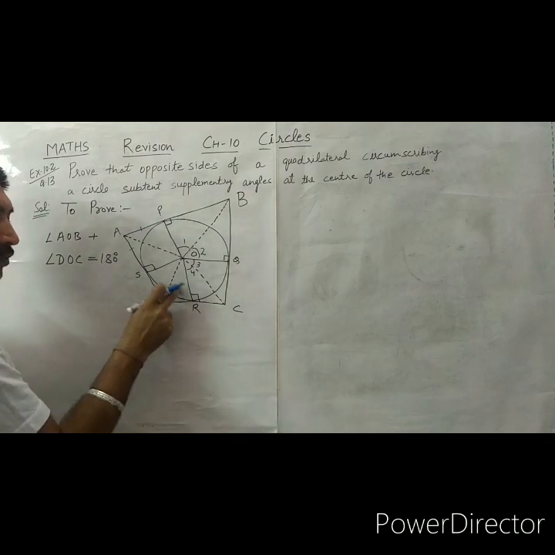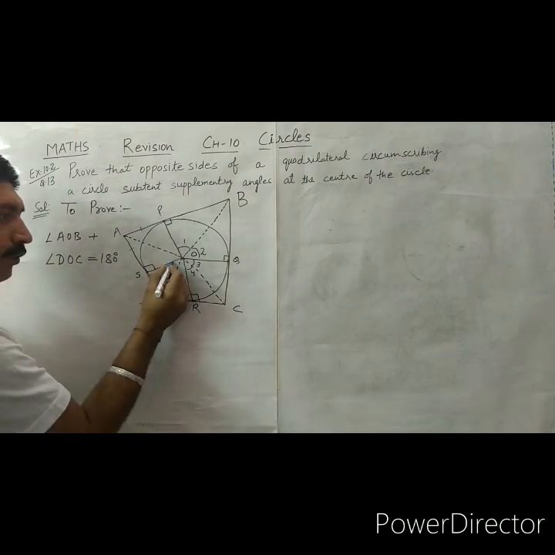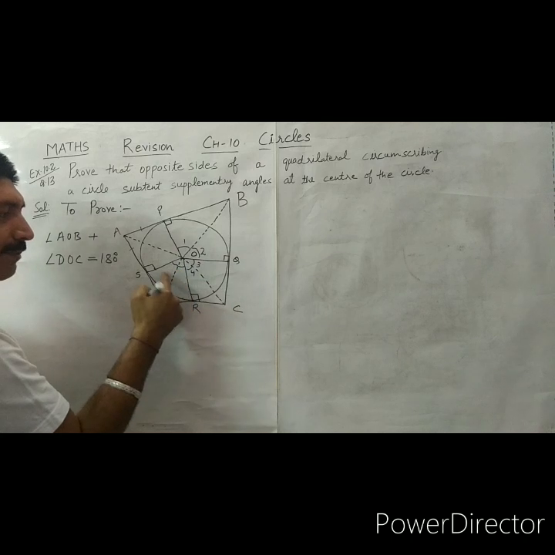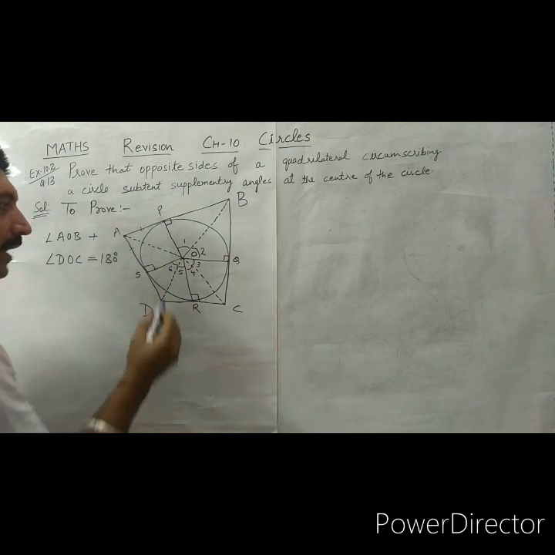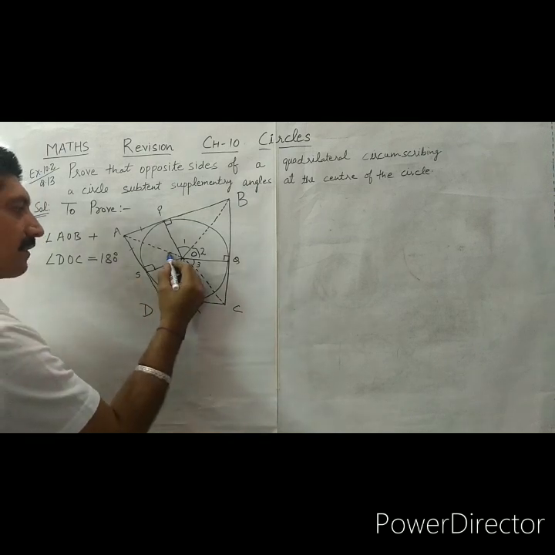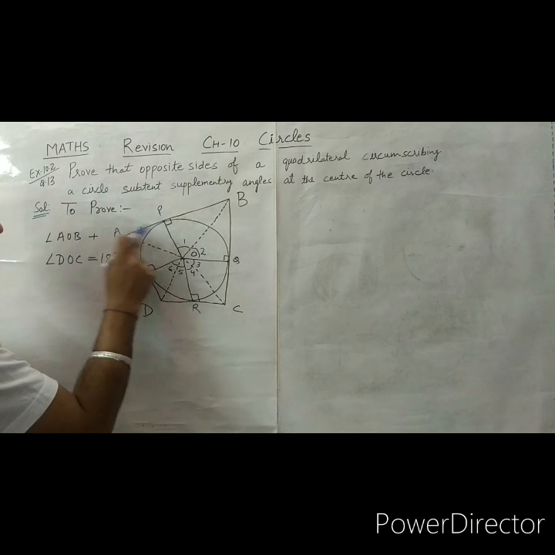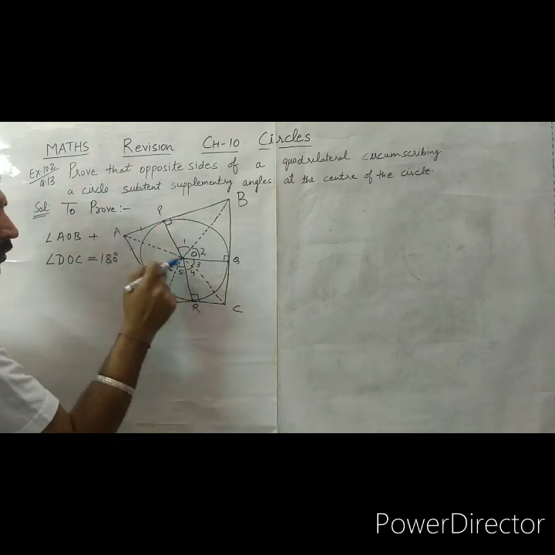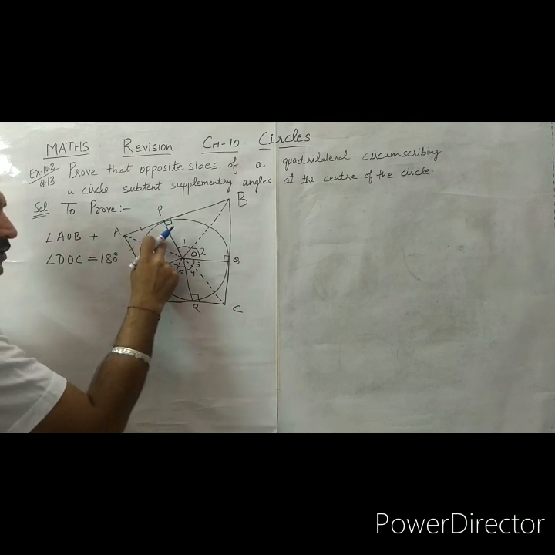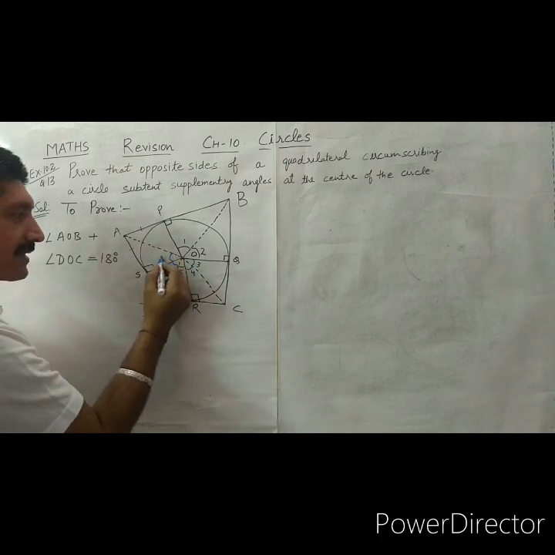From D point, these two triangles are also congruent by RHS. So here this is 5 and 6, angles are equal, and last from A point, triangles APO and ASO are congruent. So angle, this is 7 and this is 8.